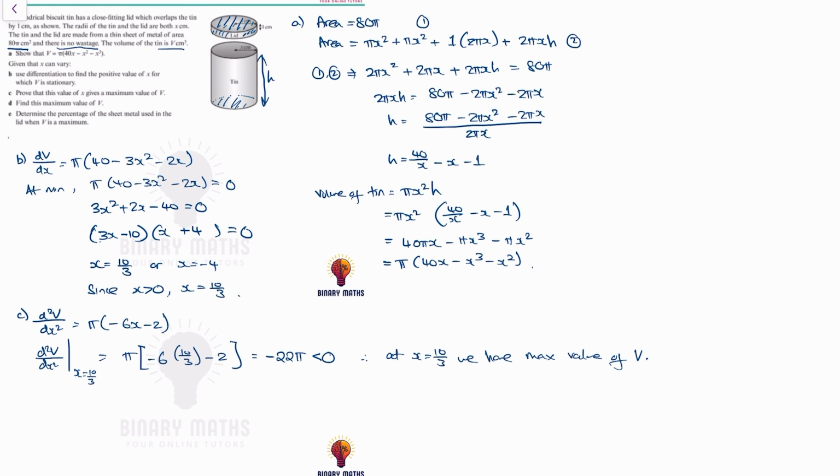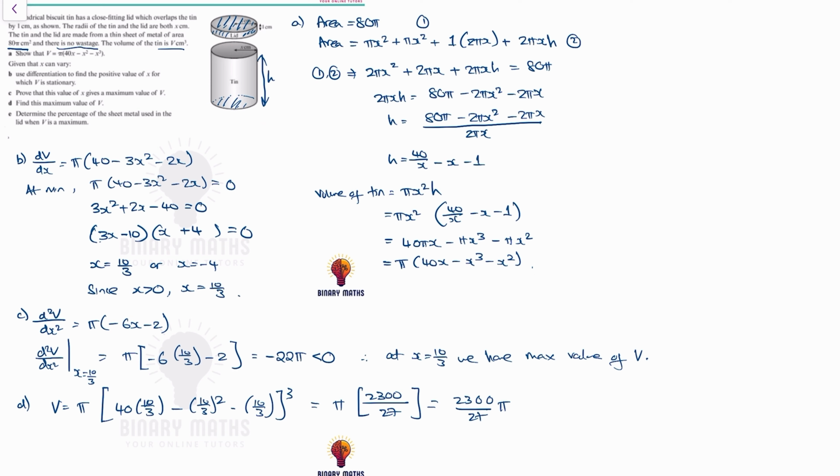D, find the maximum value of v. So v is equal to pi times (40 times 10 over 3 minus 10 over 3 squared minus 10 over 3 cubed), which is equal to pi times 2300 over 27, which is equal to 2300 over 27 pi.